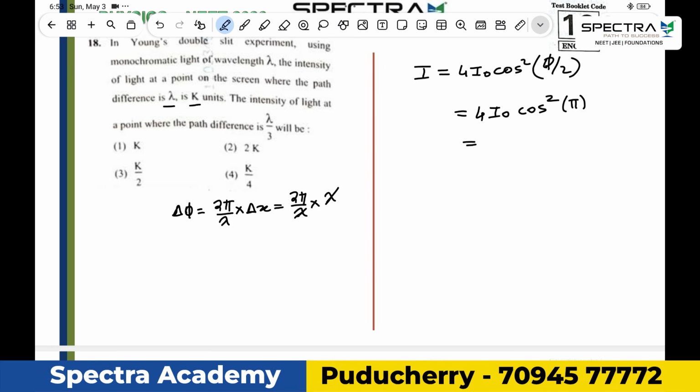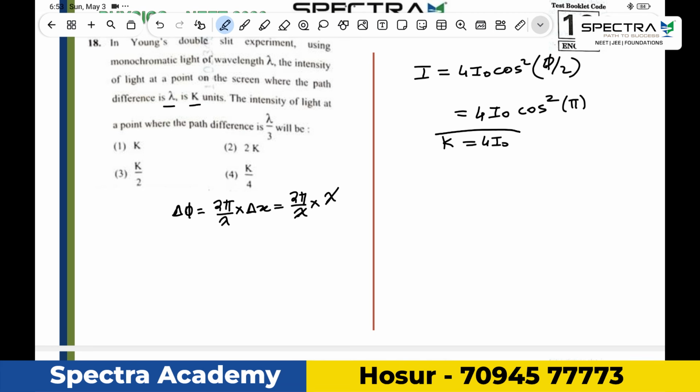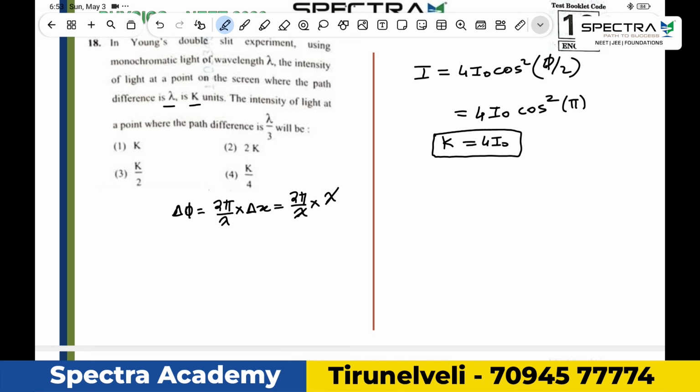So that is k is equal to 4 I naught. Now we need the intensity at a point where path difference is lambda by 3. So again we can find the phase difference corresponding to lambda by 3, that is 2 pi by lambda into lambda by 3. Lambda cancels.